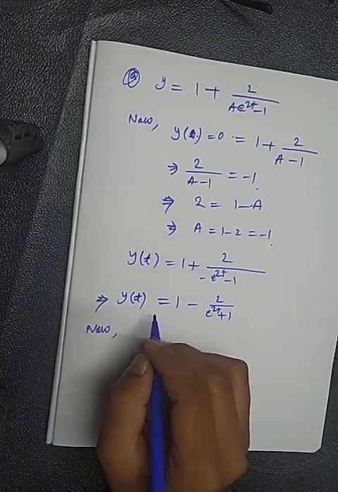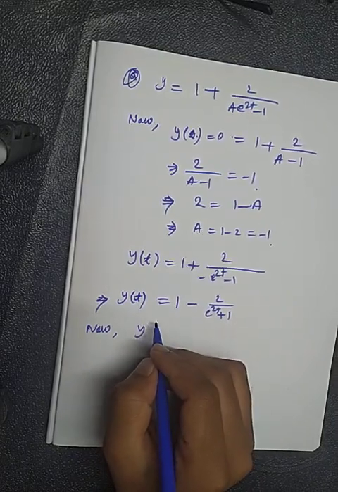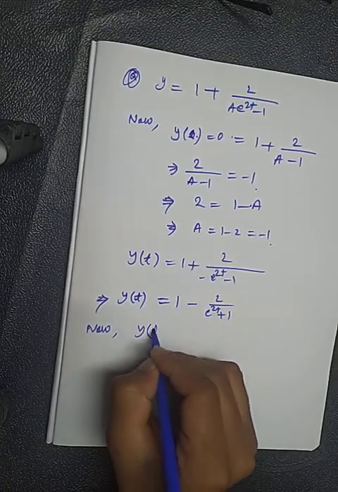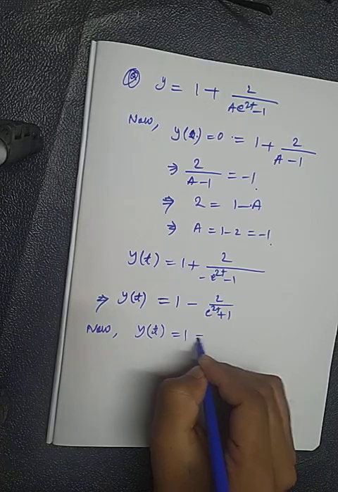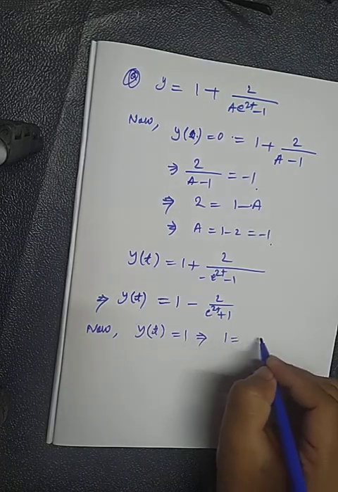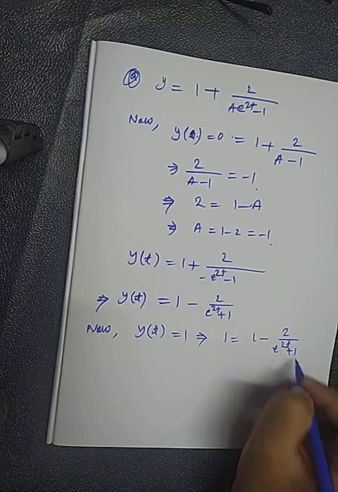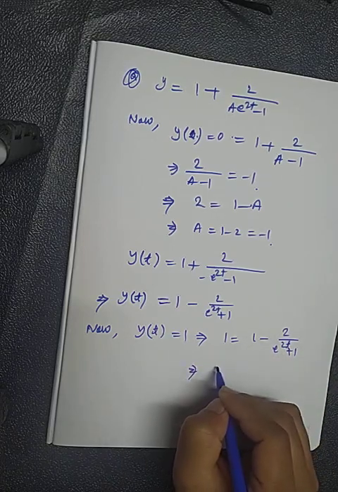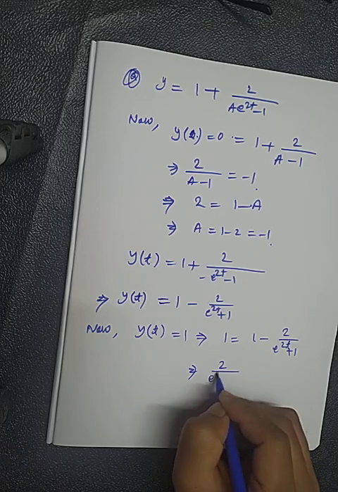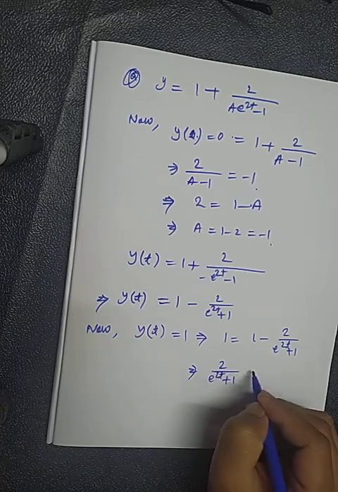Now for some t1, say y of t is equal to 1. This implies 1 is equal to 1 minus 2 by (e to the power 2t plus 1). So this implies 2 by (e to the power 2t plus 1) is equal to 0.